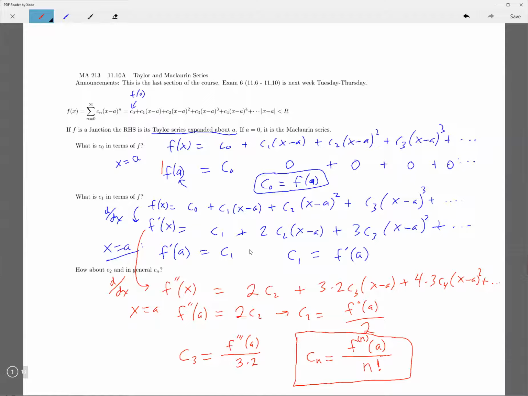Now, we already learned another way last section, where we were just manipulating around the geometric series, 1 over 1 minus x, doing variations of that. But this is a more direct way that you can use. Okay, so that's the formula for that. So that's one way you can find the terms.